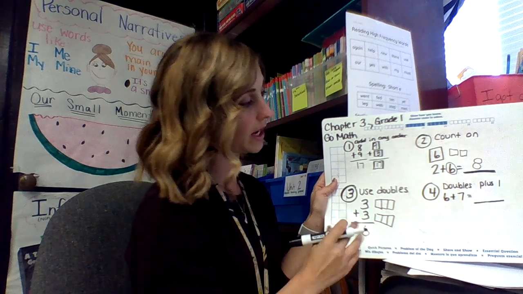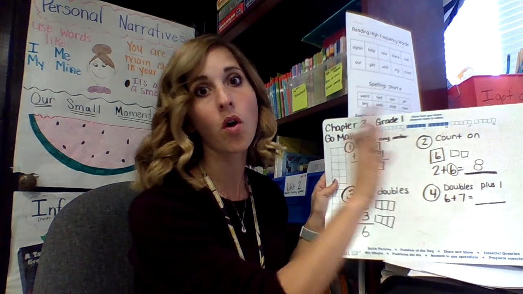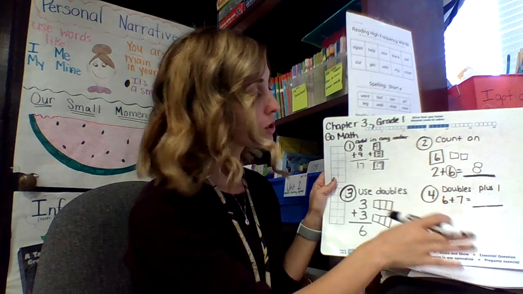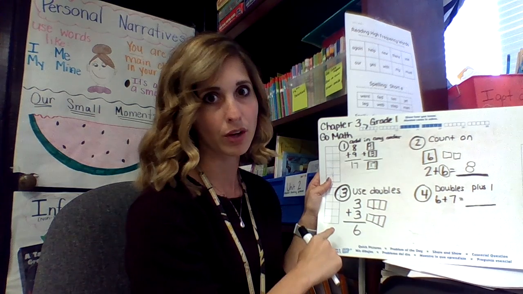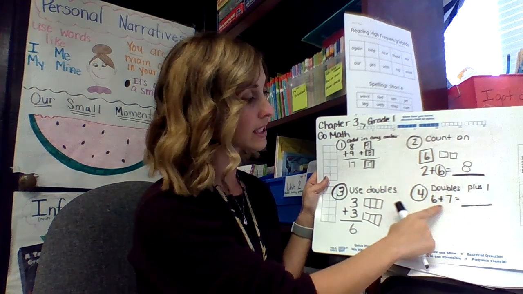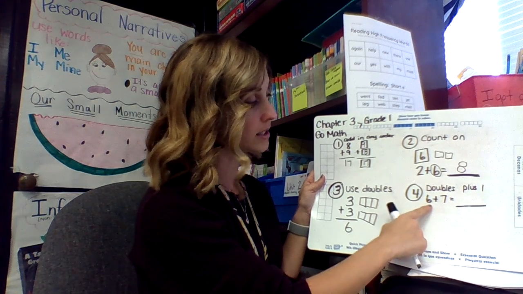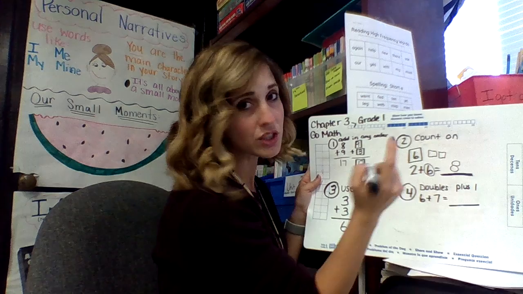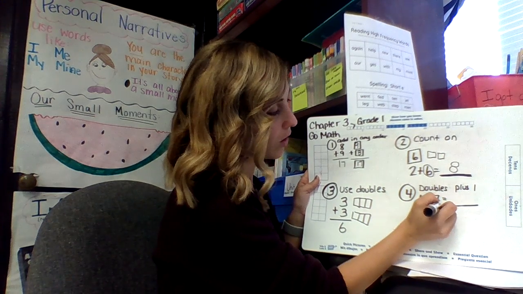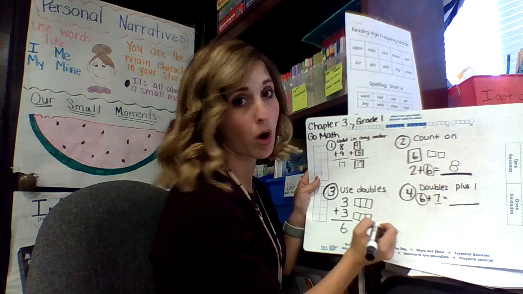But eventually, the idea is we want them to memorize these because it's going to make lesson 4 and all the other lessons easier. So lesson 4 would be doubles plus 1, which is why it's important that they know their doubles. We start with 6 plus 7, for example. What I taught them to do would be to underline the bigger number, and we're going to circle the smaller number.